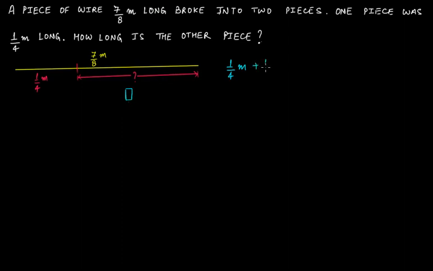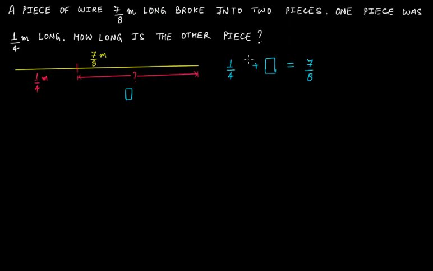So plus this blank should be equal to this whole length, which is 7/8. No need for writing units here. Now 1/4 plus this blank, that is the length of this one, should be equal to 7/8.